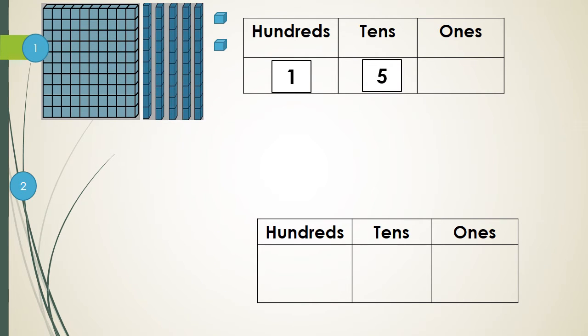I have 1, 2, 3 ones. 3 ones. I read it as 153.